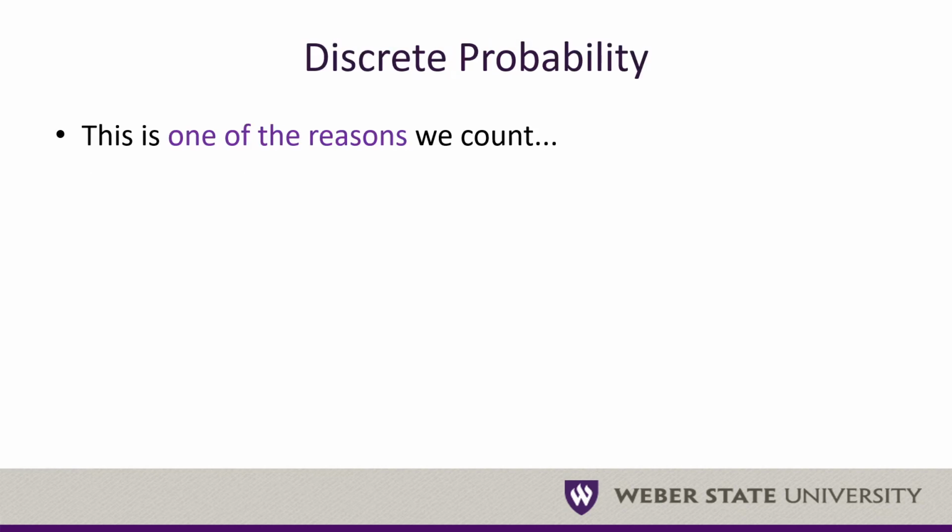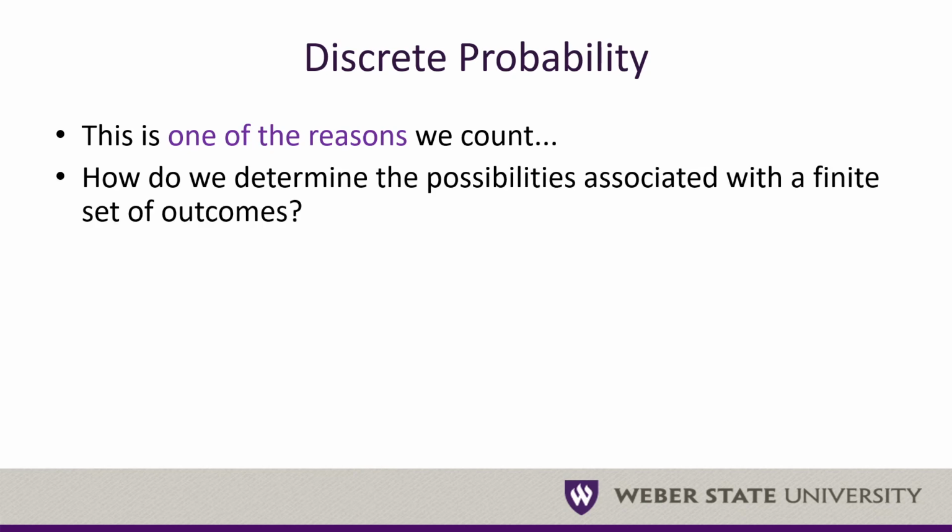One of the main reasons we count is discrete probability. We have to determine what kinds of things are possible if I have a certain set of outcomes. What's the likelihood that any of us is going to get into an accident on any given day? Well, the way we figure that out is by counting how many people are driving and how many people get into accidents per day, and you might have that by state, by the United States, or in the world.